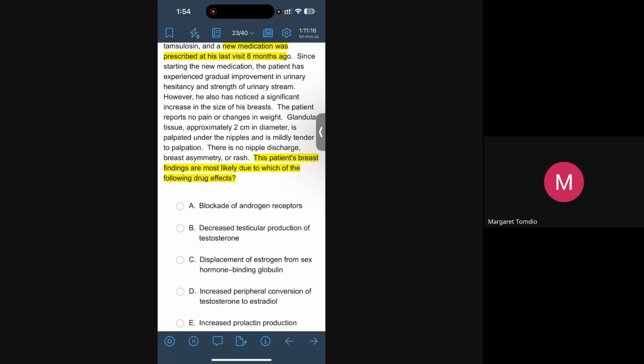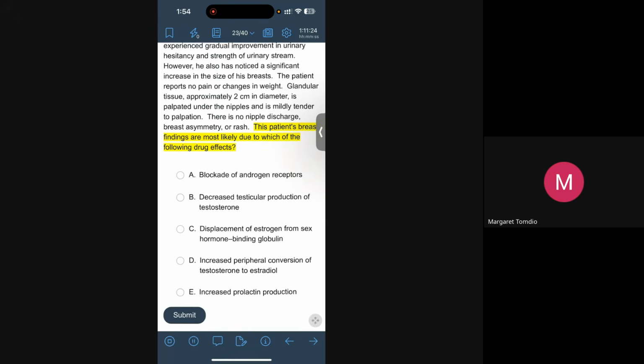If you block the androgen receptor, now we have to find through which mechanism the estrogen is going to increase and testosterone is going to decrease. And that drug was used for benign prostatic hyperplasia.